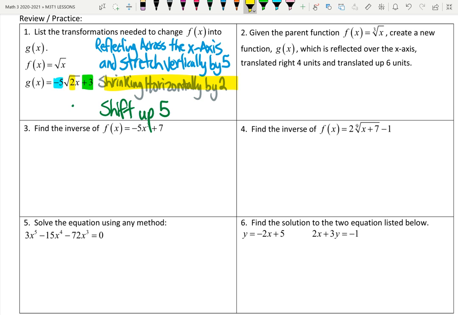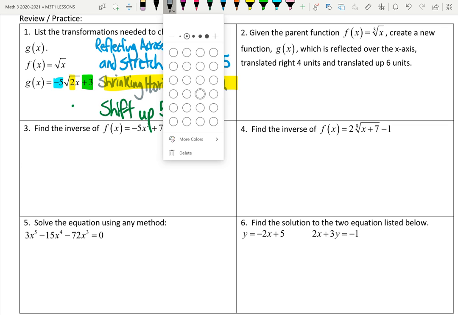I need to create, for number 2, a new function, g of x, which is reflected over the x-axis. It is going to be translated to the right 4 and then translated 6 units up. So it's going to look like the following.